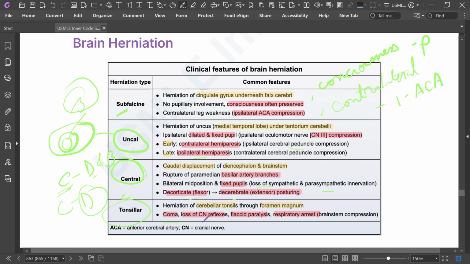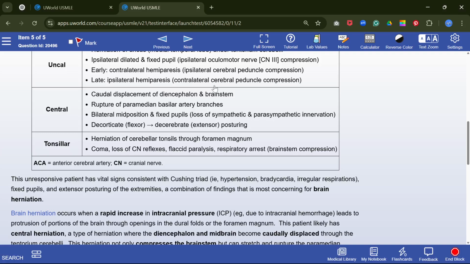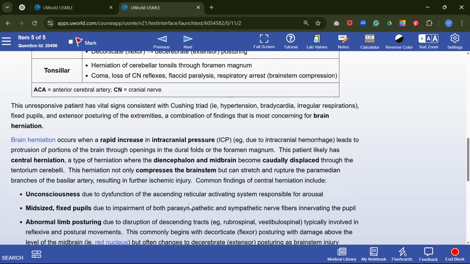In tonsillar herniation there is coma, loss of cranial nerve reflexes, flaccid paralysis and respiratory arrest.